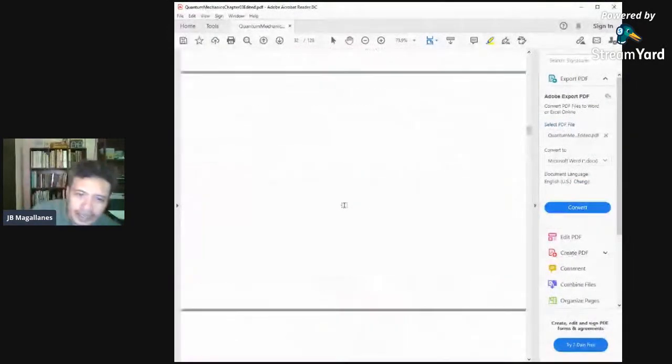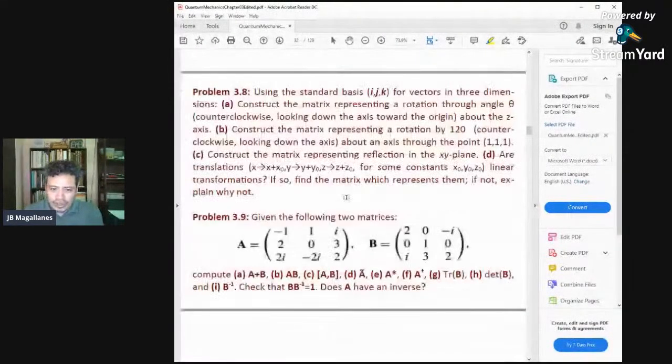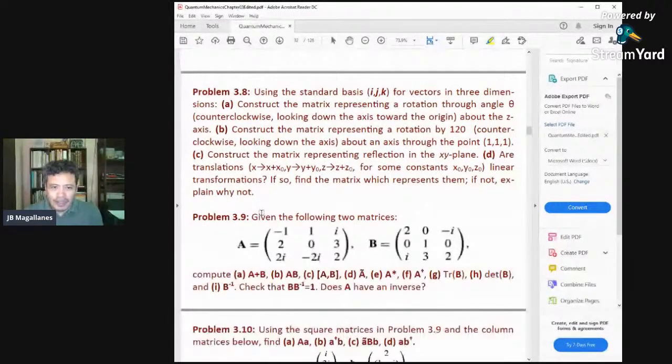So now, problems, just to give you practice: you have to answer problem 3.8 on your own, and also problem 3.9. You can add the matrices, multiply the matrices, find the commutator, the transpose, the complex conjugate, the Hermitian, the trace, the determinant, the inverse.